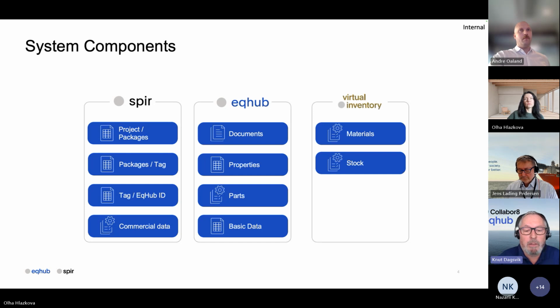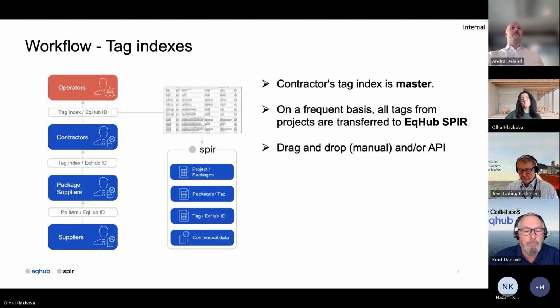So, diving into the tag index, we have decided to hook up to existing processes in projects. Projects are already capturing equipment information from suppliers and package suppliers with EcoHub IDs.